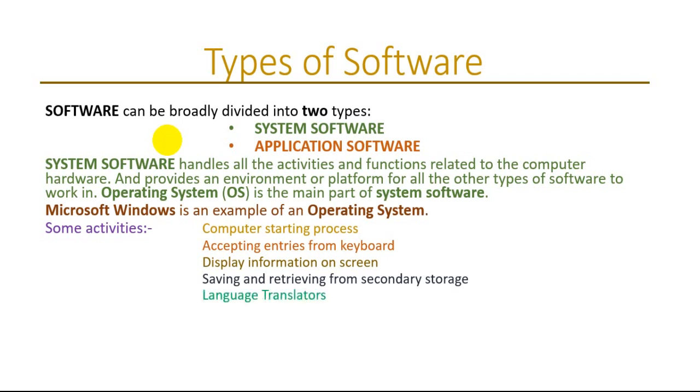Then language translators also form part of the system software. Why? Because language translators are translating your high level language or low level language. What are language translators? For a low level language, we know from assembly language to machine language, you use the assembler. So the assembler is a language translator, a low level language translator.